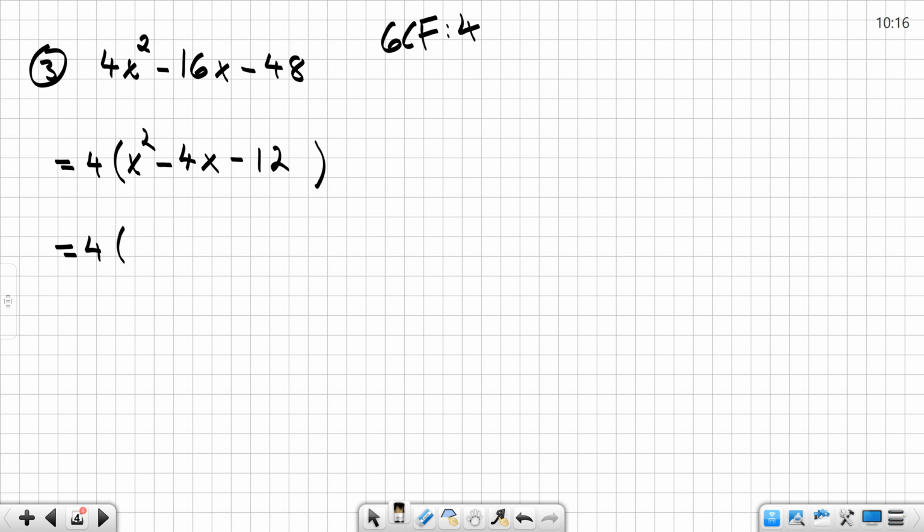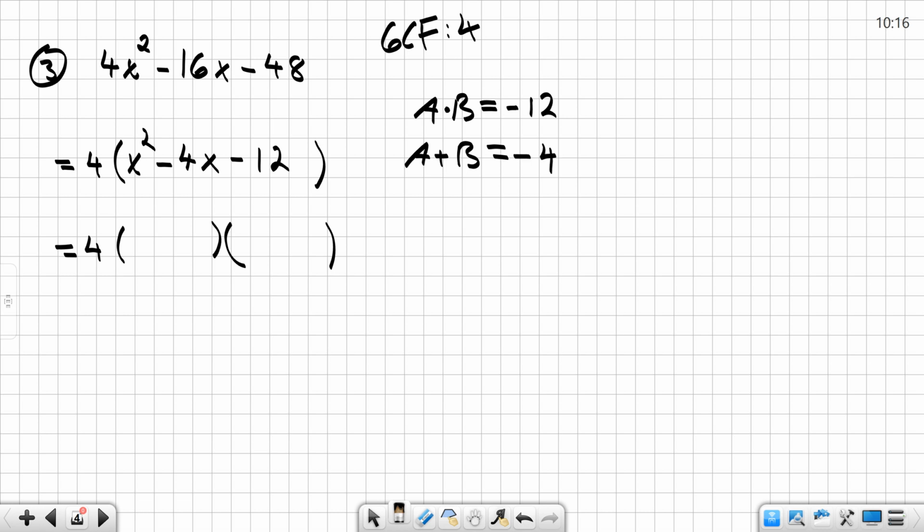The question that I'm asking myself: can I find two numbers whose product is negative 12, a times b equal to negative 12, and at the same time, a plus b has to be equal to negative 4?